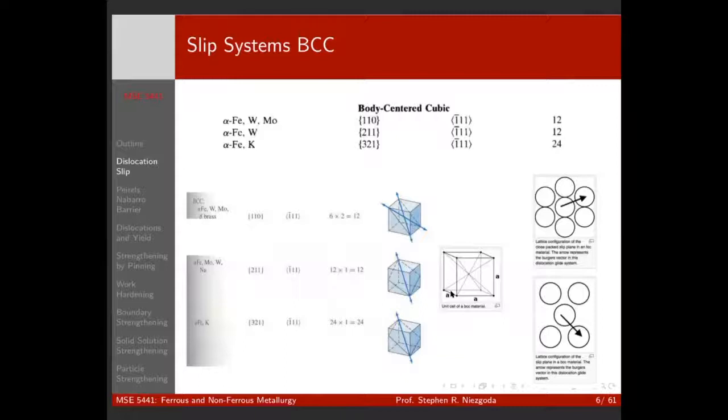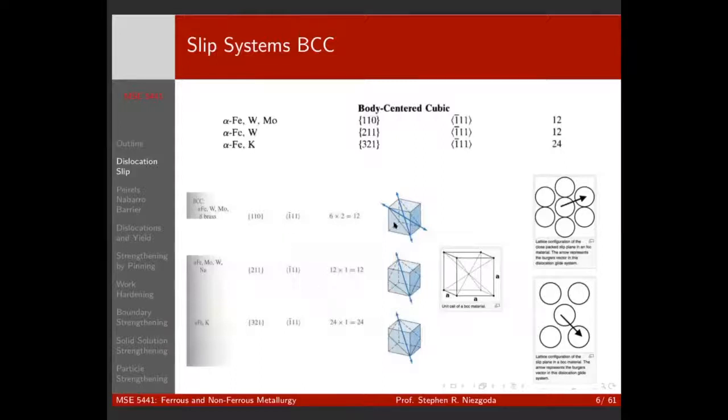What about BCC? We have a whole bunch of different slip modes. We don't have close packed planes in BCC, but we do have a close packed direction, which is the 111 direction. So for you welding students, you have to take a quick look at your unit cells. It's not hard, I promise. There are a couple different options for planes that contain the 111 direction.